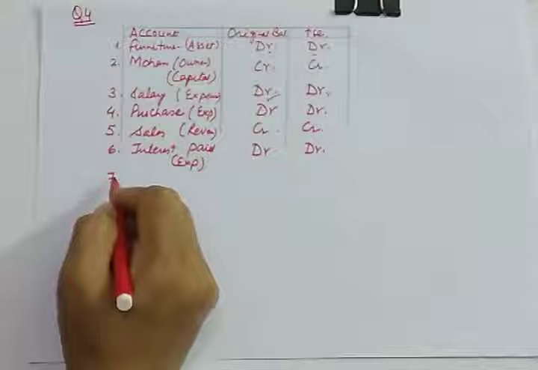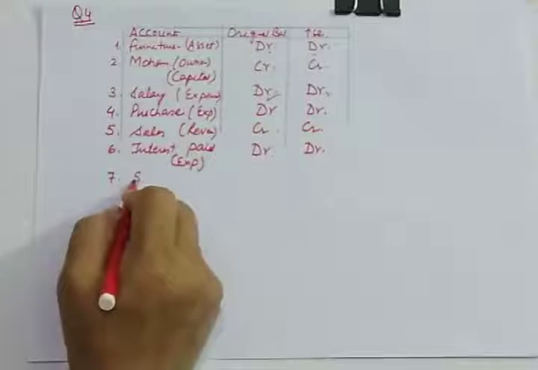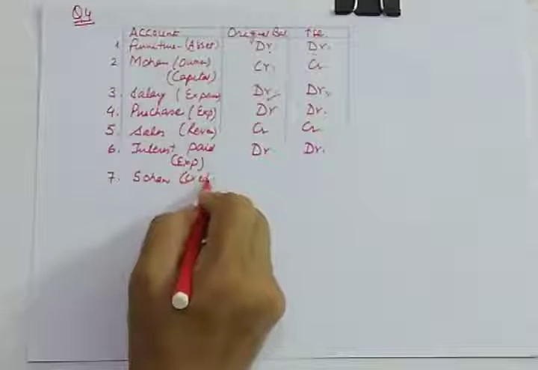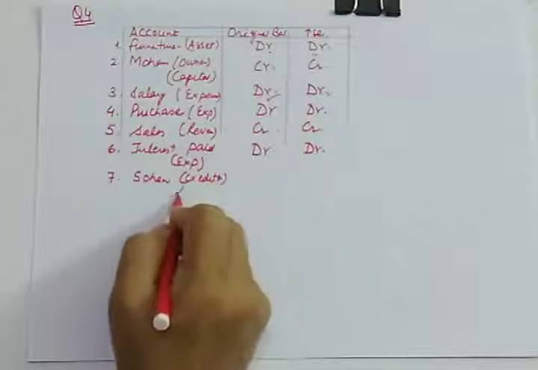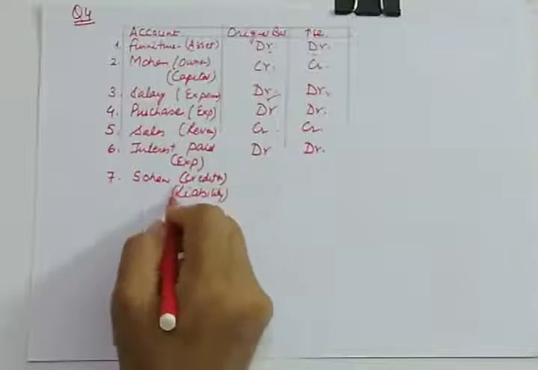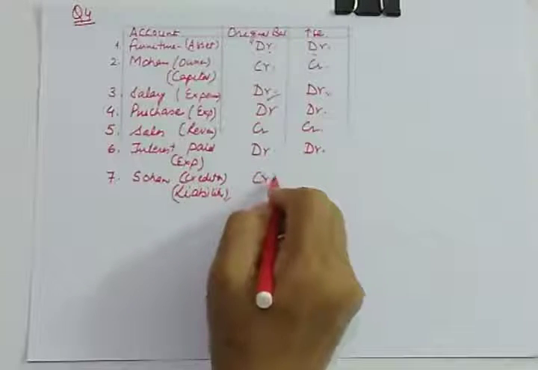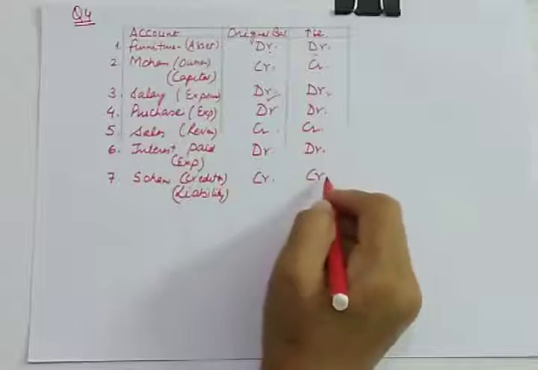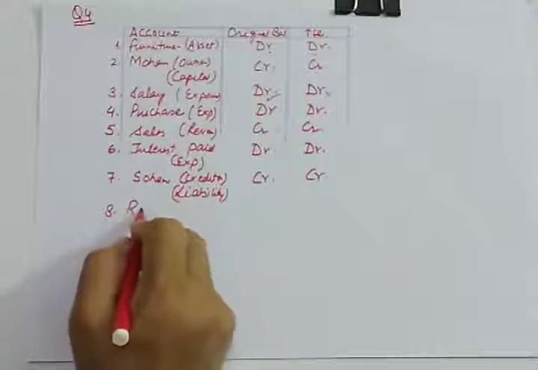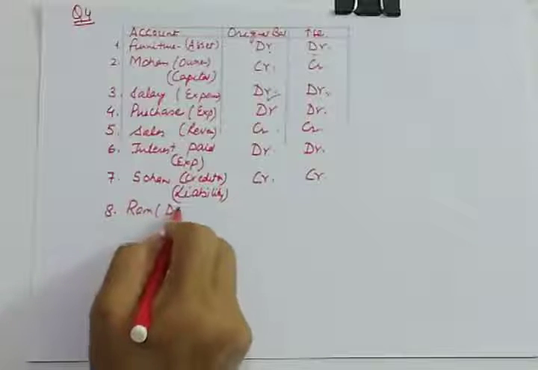And the next is Sohan. Sohan is a creditor. Creditor means it's a liability. And what is the original balance of liability? It's credit. And if you want to increase, it will be credited again. Ram is a debtor.